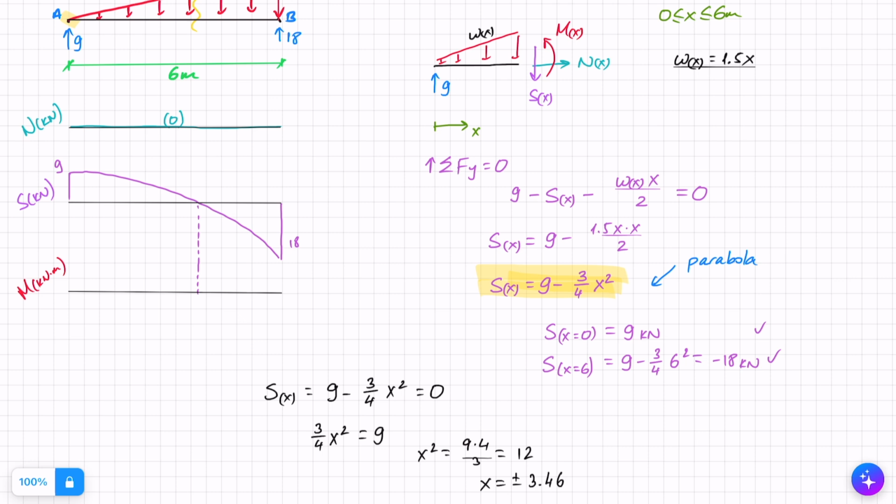That's mathematically. Now in terms of our exercise, x can only be a positive number, right? So it has to be 3.46 meters. And that means that this distance here to 0 is 3.46 meters. So that's the first thing.